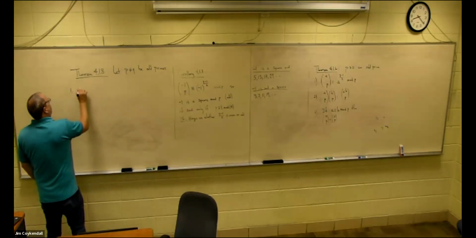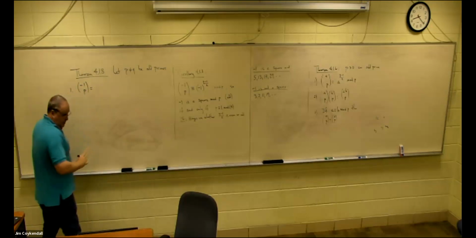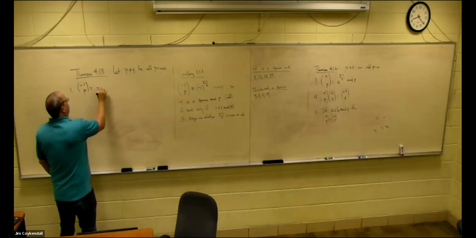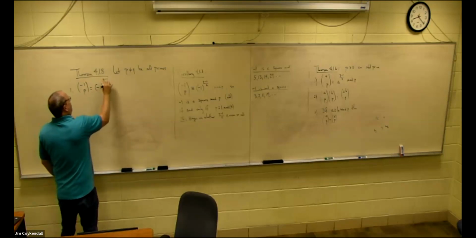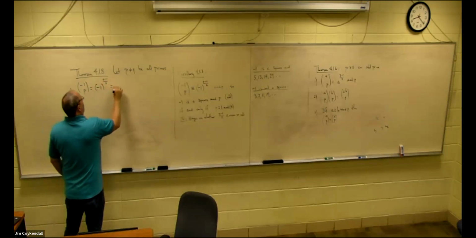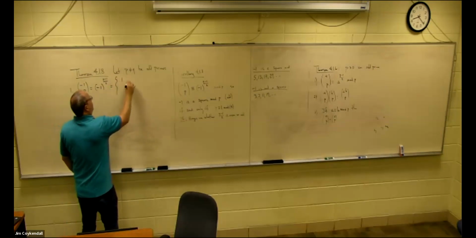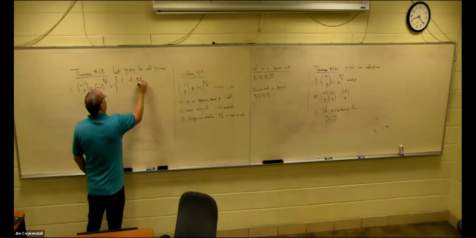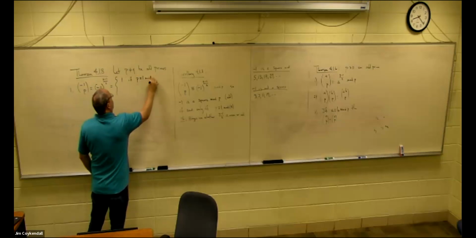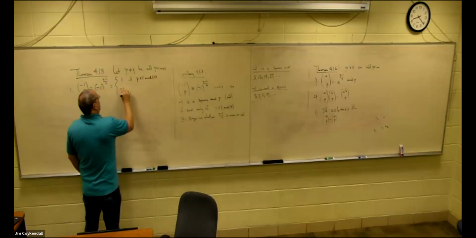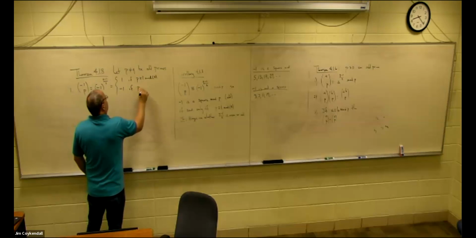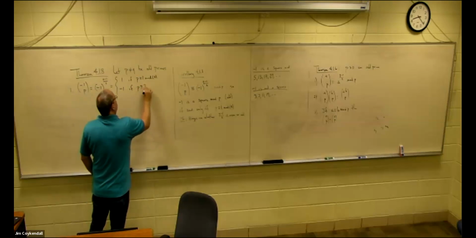Number one, so we've already talked about this one a little bit. The Legendre symbol on -1 is (-1) to the (p minus 1)/2, which is equal to 1 if p is equal to 1 mod 4, and -1 if p is equivalent to 3 mod 4.